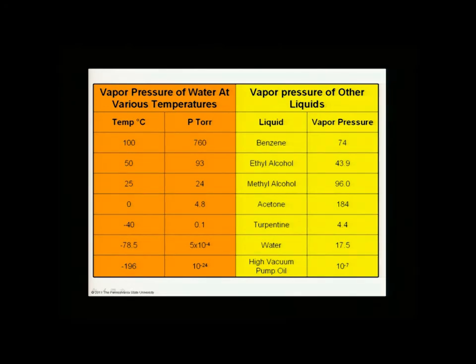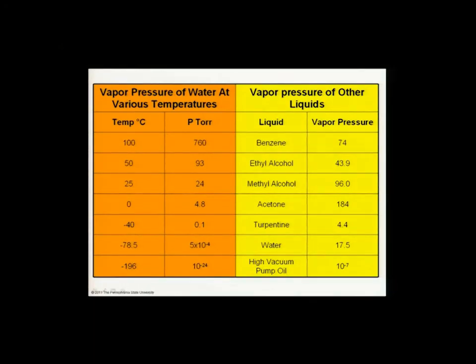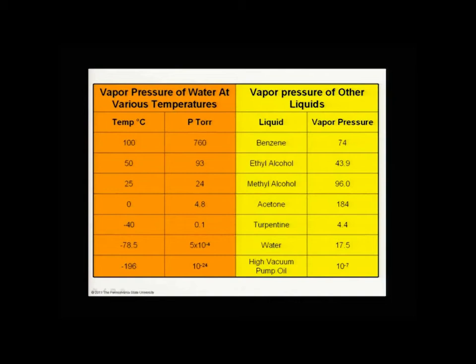So the vapor pressure of water at 100 degrees C, and again, just remember room temperature is about 27 degrees C. So this is the boiling temperature. And the vapor pressure of water at the boiling temperature is atmospheric pressure.